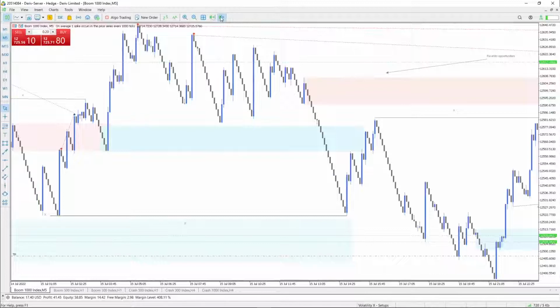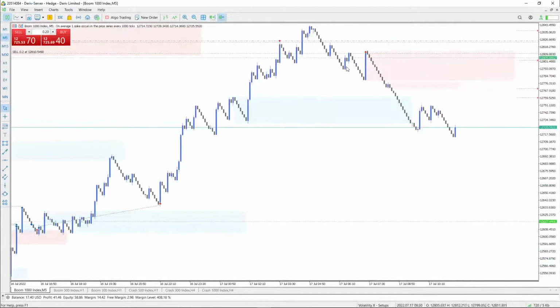Let me go to the 5 minutes time frame so you see what I'm saying. Alright, so this was a break of structure, and price gave this break of structure again. This demand zone got taken out, and then this also got taken out. This demand zone here got taken out. I will draw it for you so you can see. This got taken out, and then it came back to retest.